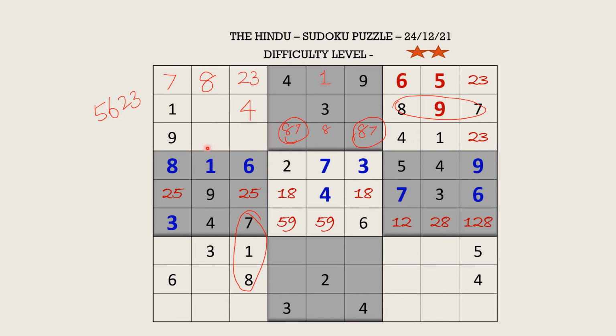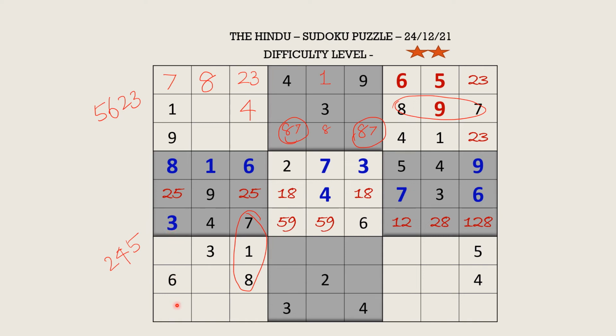So let's move on. In this column, you can see 2 empty cells here. Actually 3 empty cells. So the missing numbers are 2, 4 and 5.